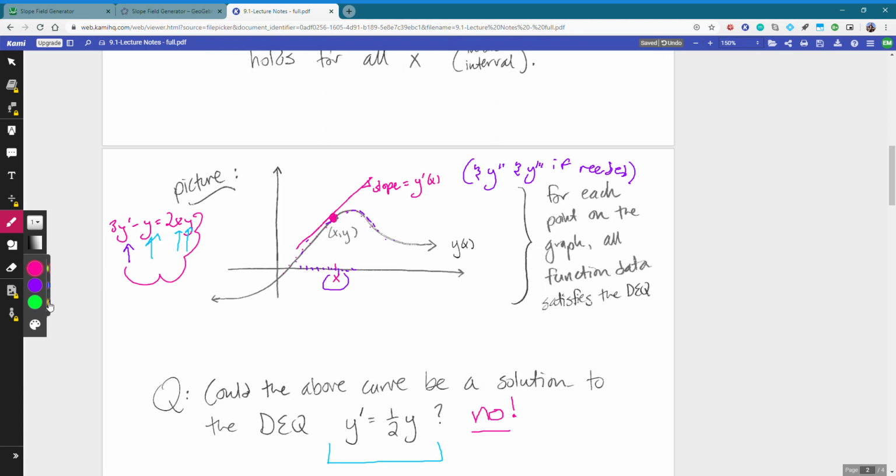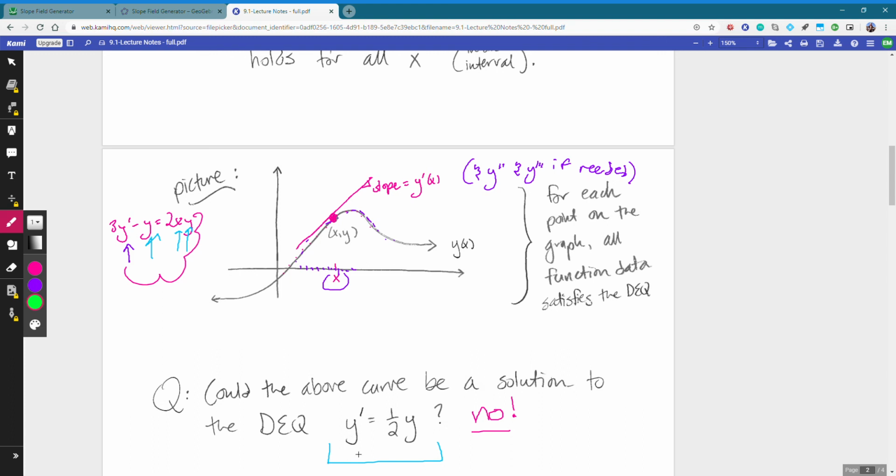One way to see why not is if we look at our curve here, there's a lot of parts of our curve above the x-axis, right, with positive y's.